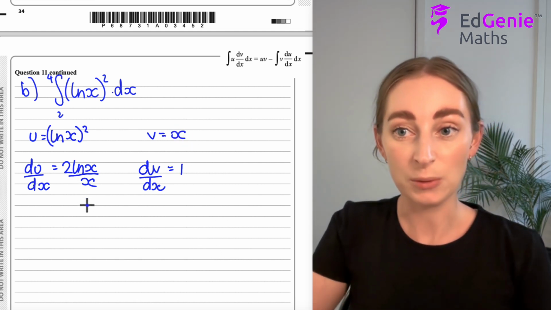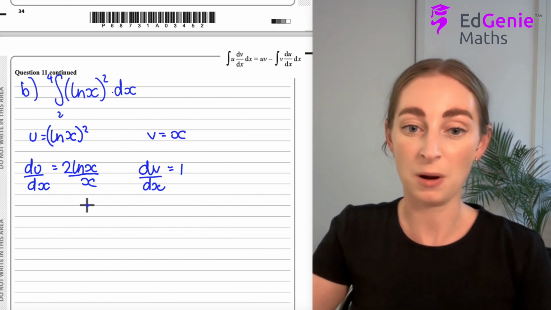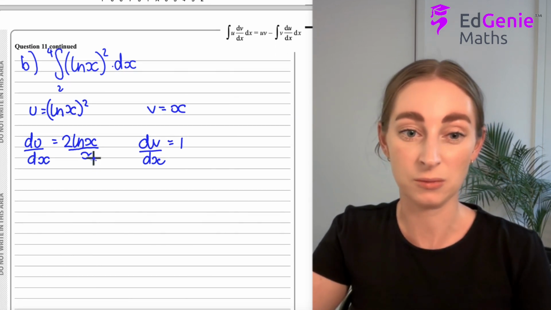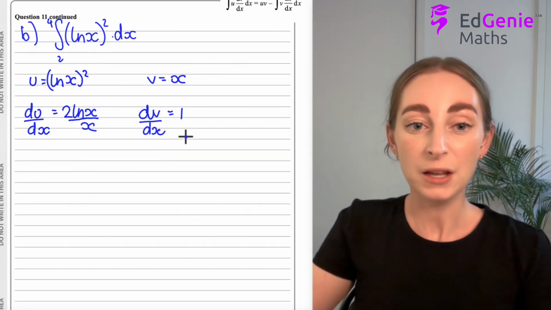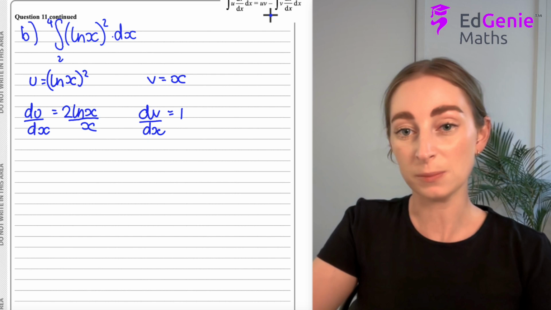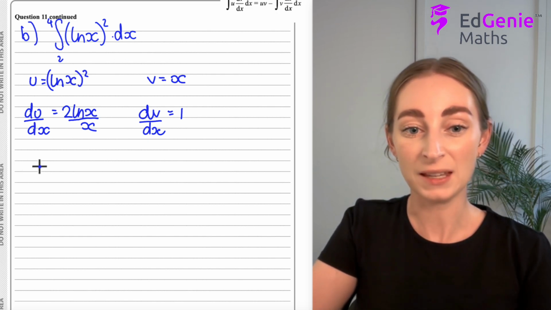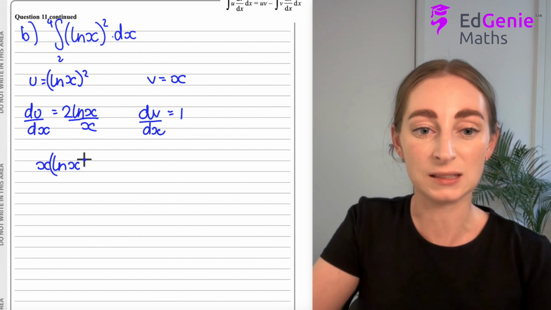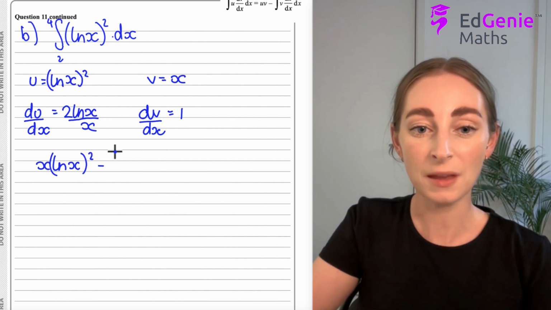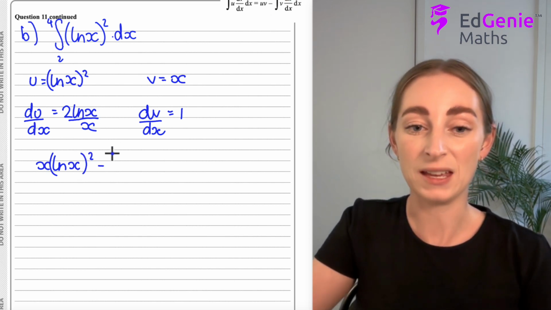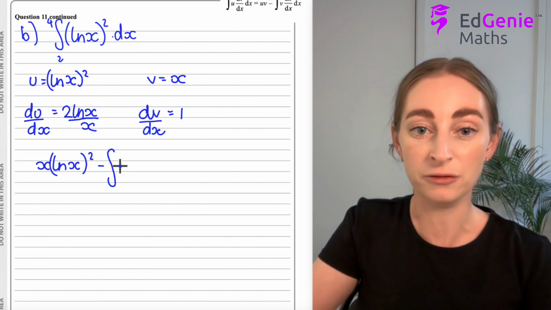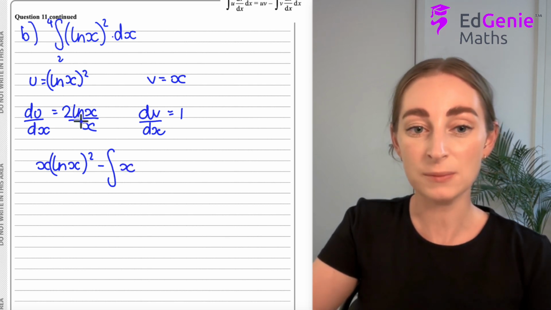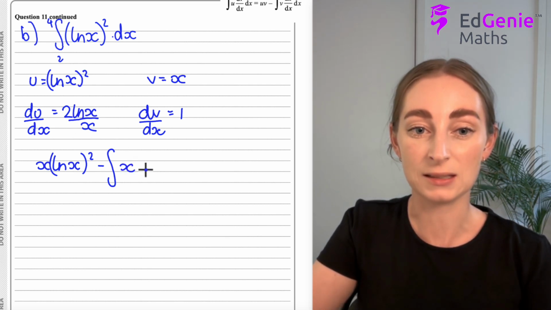So when we integrate that, that is going to be x. And it looks like we're probably going to have to do integration by parts twice, which I know is a bit rubbish. U times v, so I'm substituting back in here now, is going to be x multiplied by ln x all squared, minus, and then it's going to be the integral of v times by du by dx.